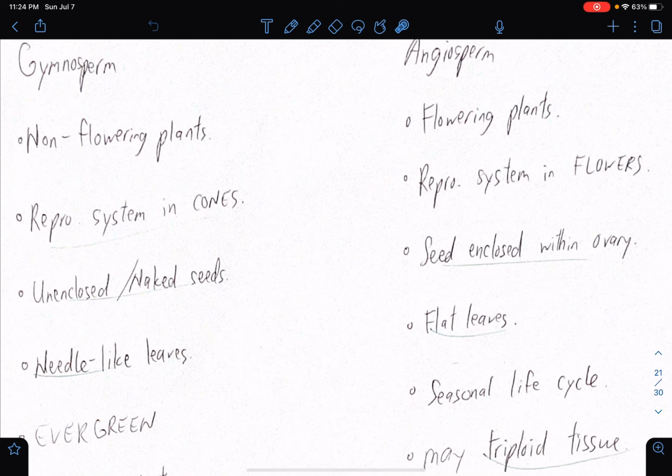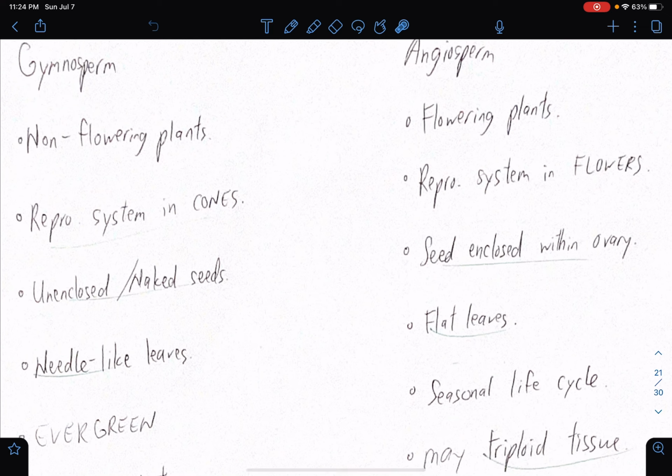Gymnosperms have naked seeds, basically unenclosed, exposed. But for angiosperms, the seed is enclosed within an ovary. That's the reason why, for instance, in an apple tree, fruits house the seeds.